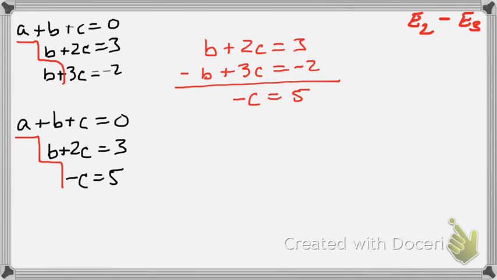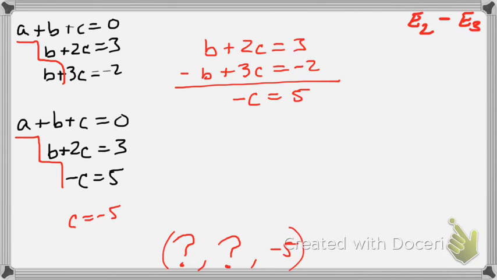We now have a problem like the first example we did where we can back substitute. That was the goal of all this elimination, to get to this point. If I have negative C equals 5, that means that C equals negative 5, simply dividing the negative 1 over to the other side.